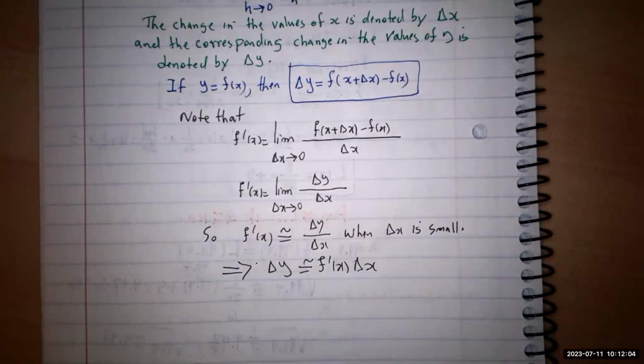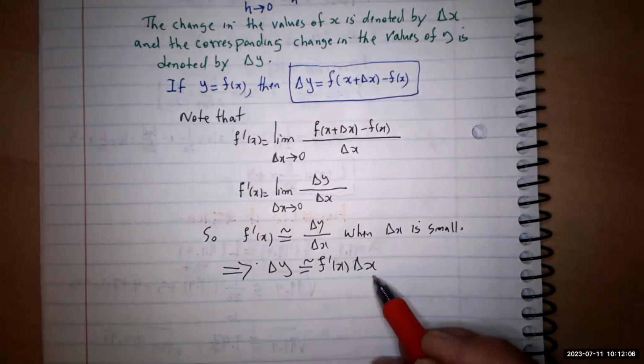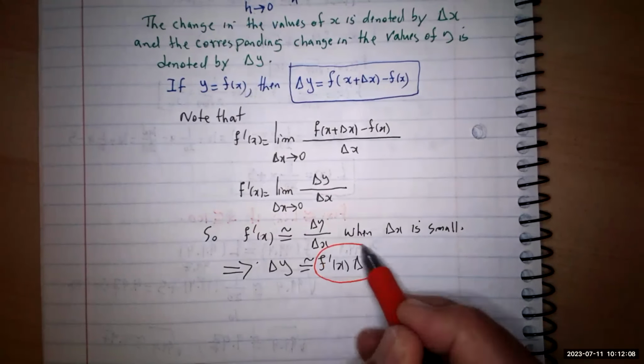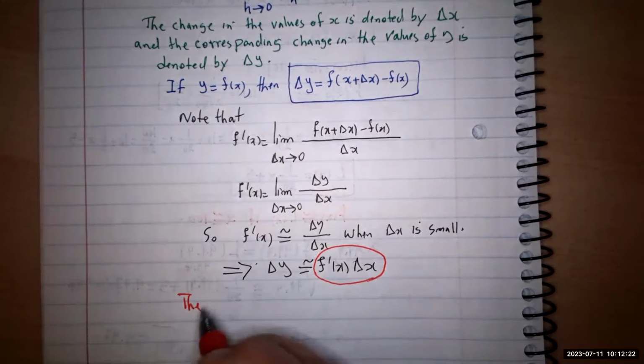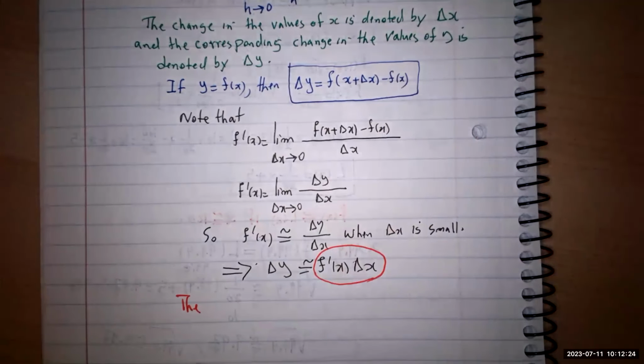You see this quantity over here is going to be called the differential of the function, differential of f or differential of y. And it's going to be denoted by dy. Okay, so I just want to give you the interpretation, not writing down the formula right away.